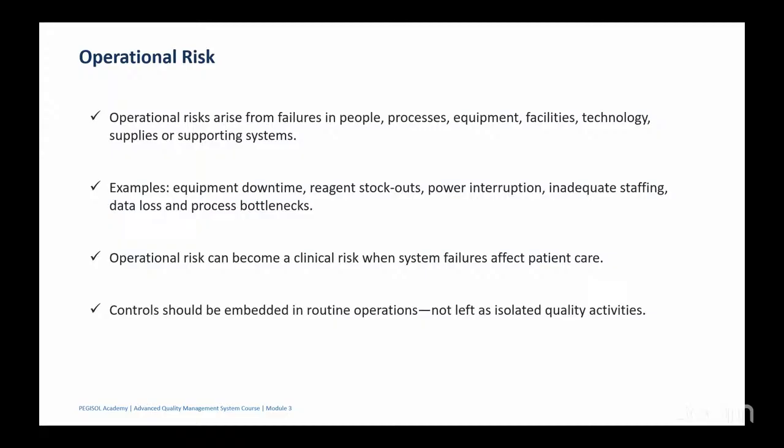Operational risk. Operational risk can become a clinical risk when system failure affects patient care. Did you get that? Something can be an operational risk and yet become a clinical risk, because of failure to put in place what should be done. At the end of the day, it affects the patient outcome or clinical outcomes.